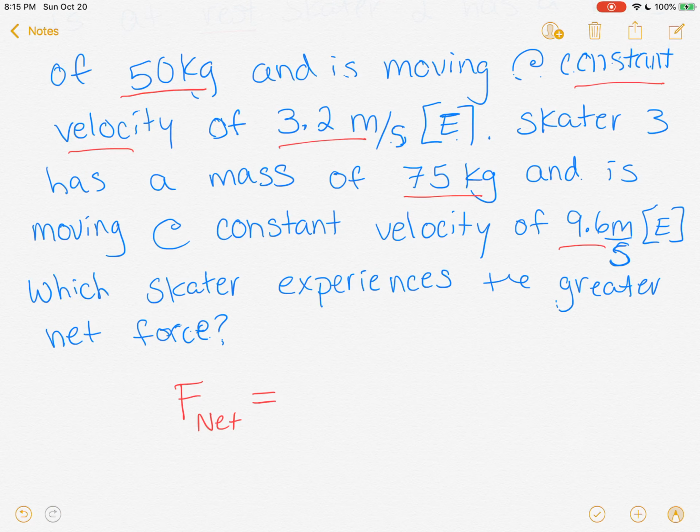So the net force acting on each of the skaters is 0. Skater number 1 is at rest, which is why F net equals 0 applies. Skater number 2 is moving at a constant velocity in one direction, so F net equals 0 applies. And then skater number 3, also moving at a constant velocity in one direction, is also going to experience Newton's first law, so F net equals 0.